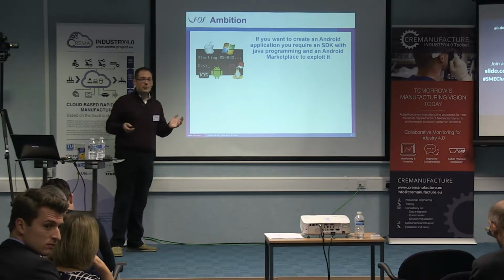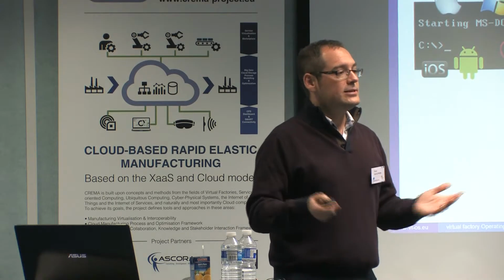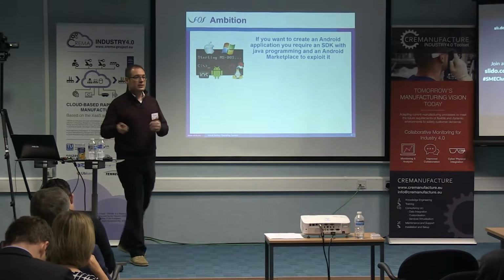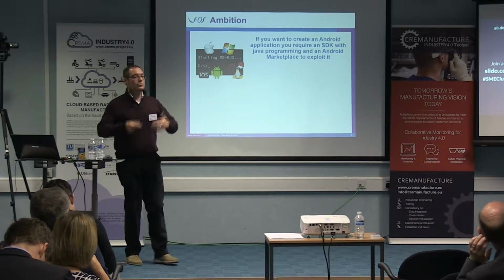What's the ambition that we have? Well, it's pretty easy. It's an operating system, so what we want to do is facilitate the way that applications are developed for that operating system.